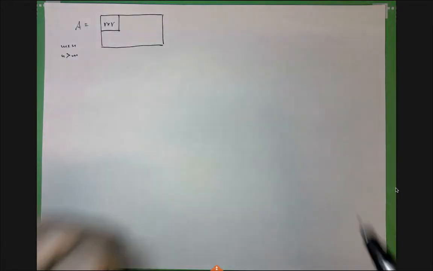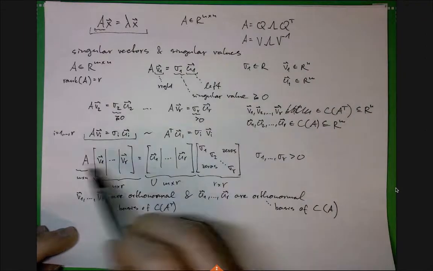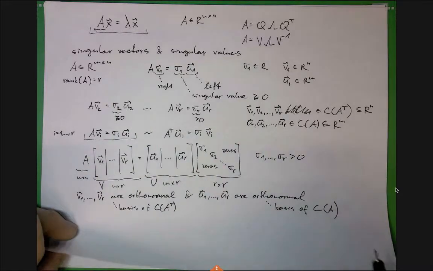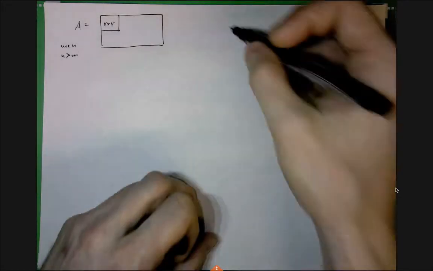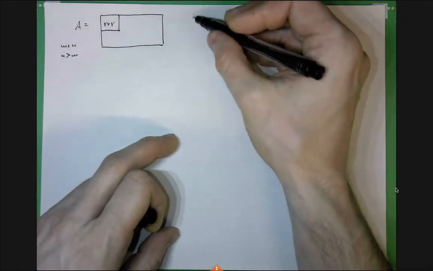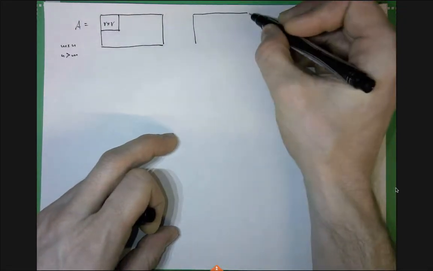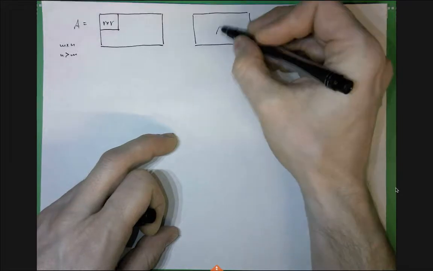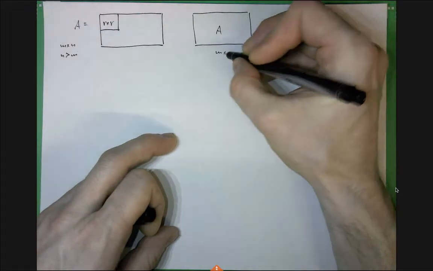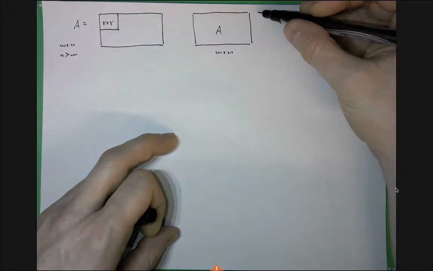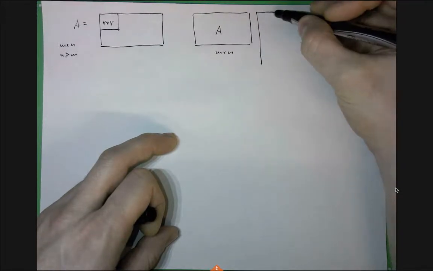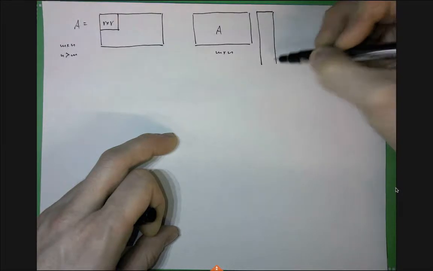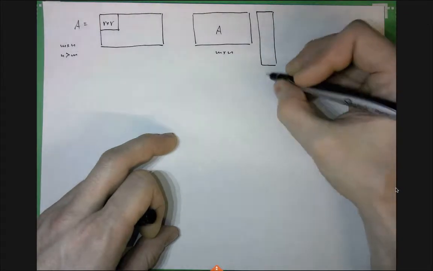So what do we have so far? Let me take this matrix equality and show it graphically, because I think that's a little nicer to look at. This is my A. It's m by n. And I have the V, which is n, so this will be the same length, and this is r. So this is n by r.